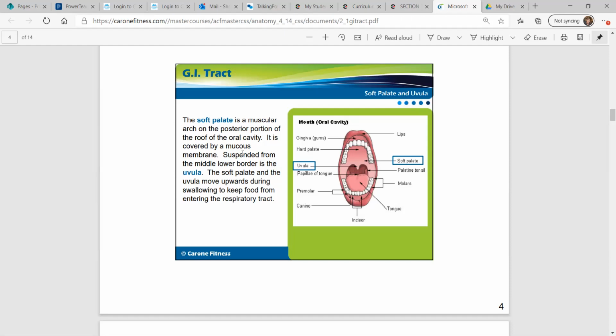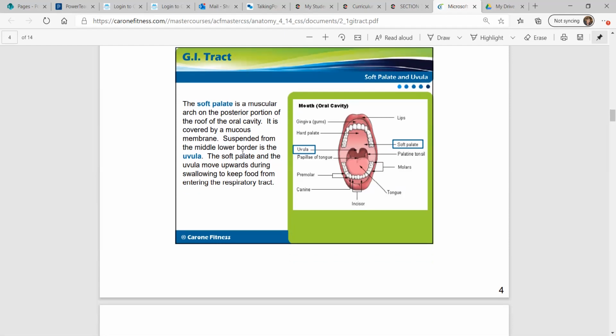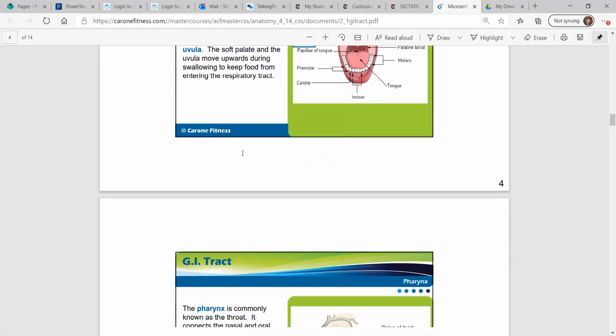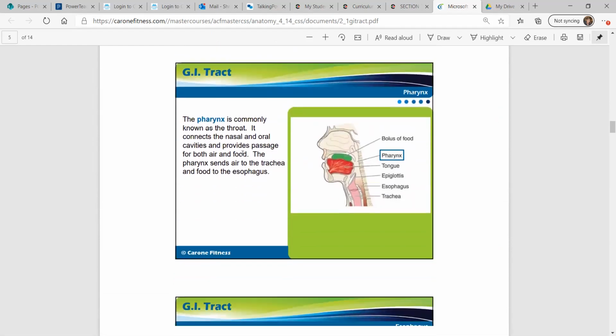The soft palate and the uvula move upwards during swallowing to keep food from entering the respiratory tract. So it's all there to prevent food from entering the wrong tract. You don't want things getting into your respiratory tract. That's for air. Food is not air, so it does not go in there.